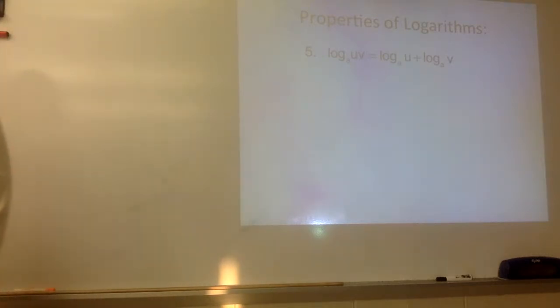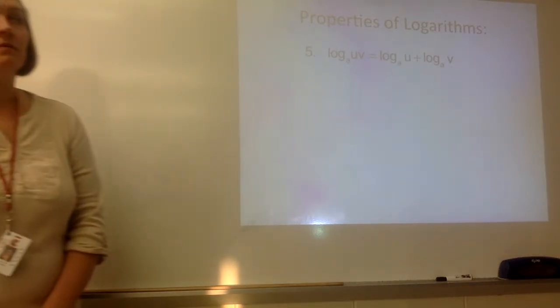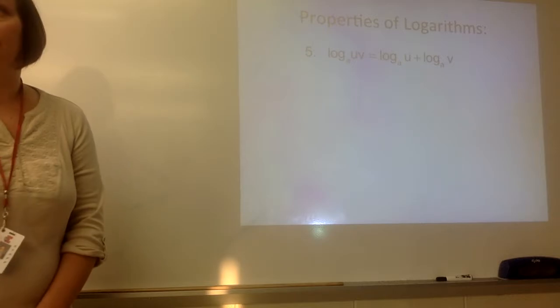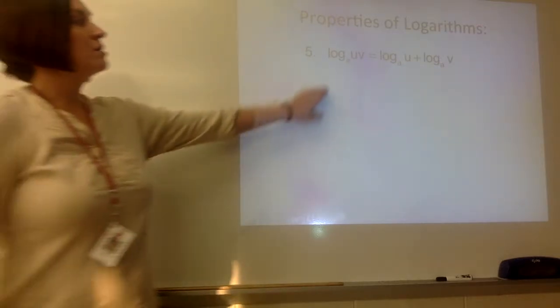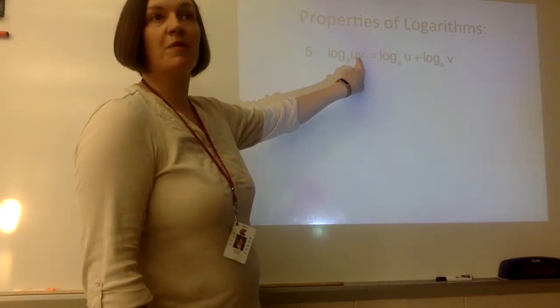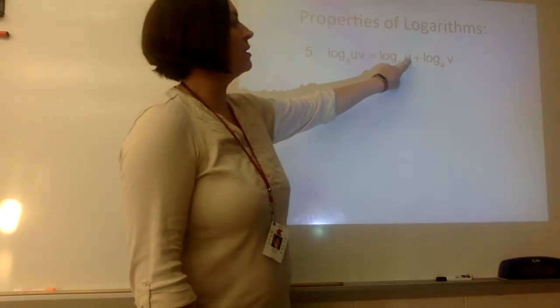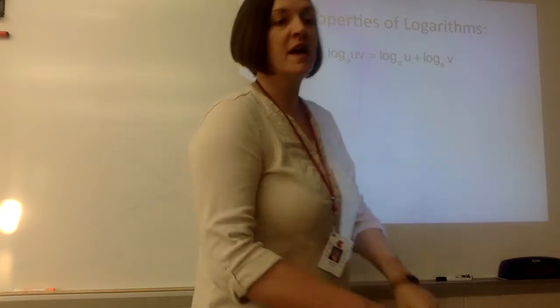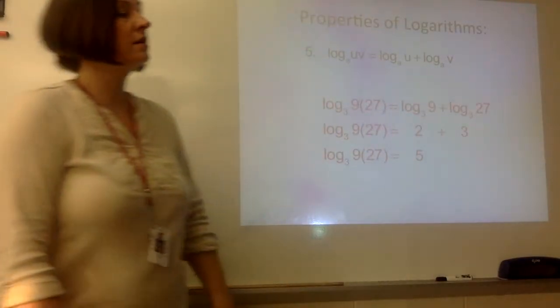All right, when I say log, what should you replace it with? What phrase? Log means the exponent of. So think about it. The exponent of this that gives you the product is equal to the exponent of this plus the exponent of this. Here is our example of that.